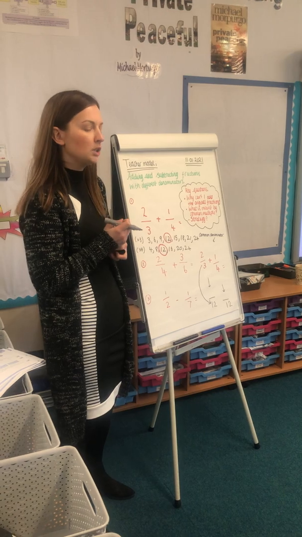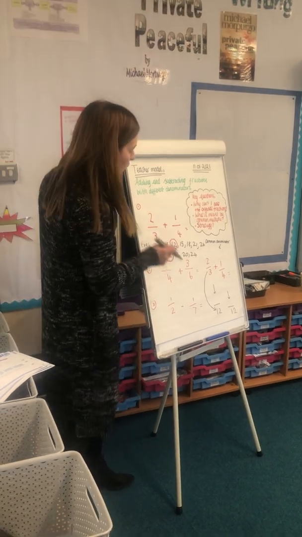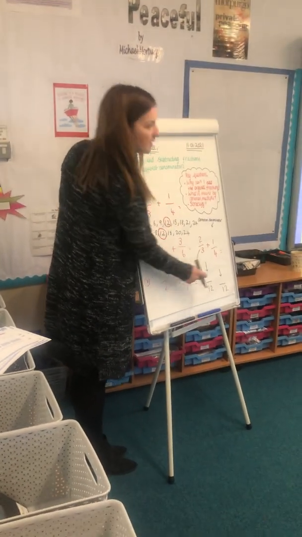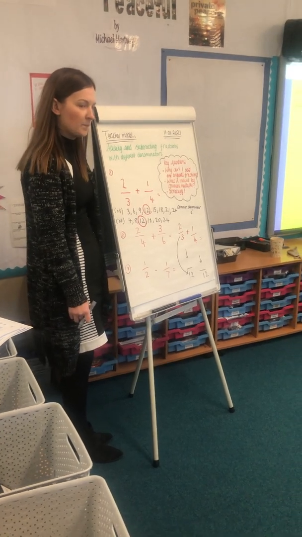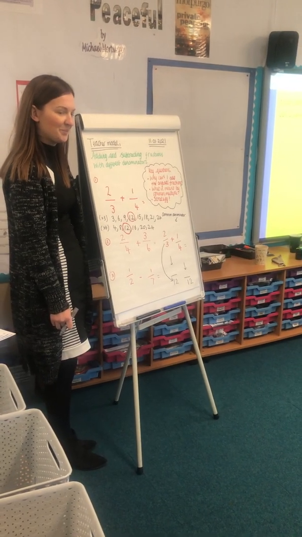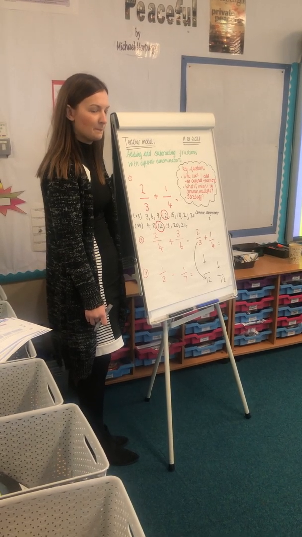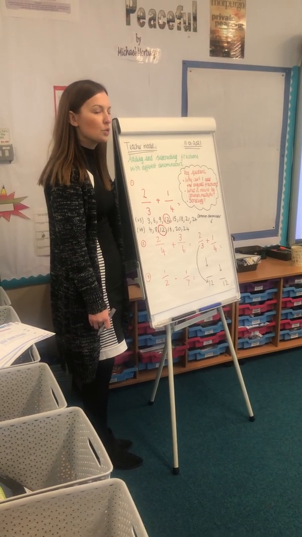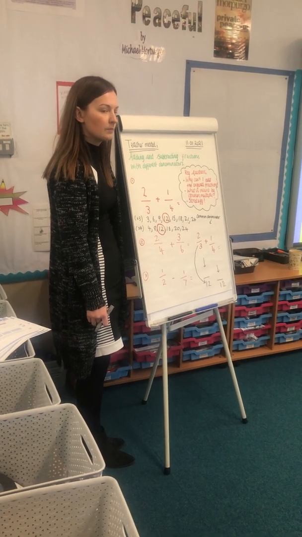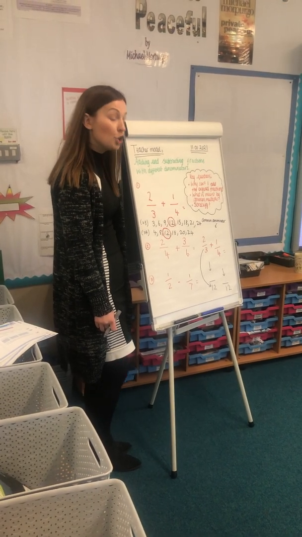I wonder if Holly could answer this question. Holly, what do I times 3 by to get 12? What do we multiply 3 by to get to 12? 4. Good girl.